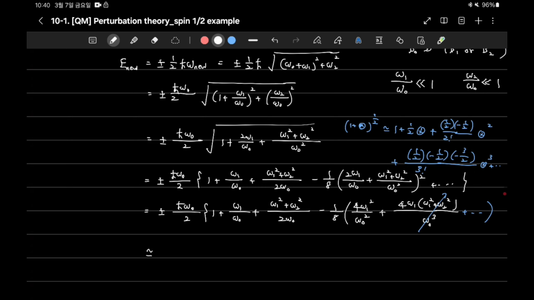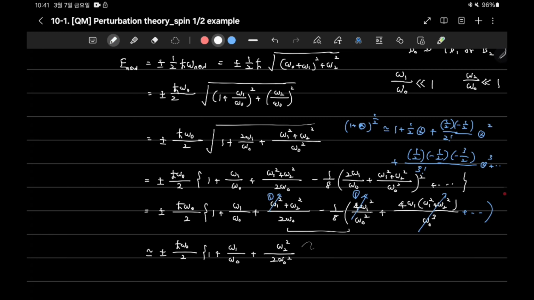So it can be approximated as plus minus h bar omega 0 over 2 times 1 plus omega 1 over omega 0 plus, by combining these two terms, omega 2 squared over 2 omega 0 squared, because the omega 1 squared terms cancel with each other, and this one and this one cancel with each other.